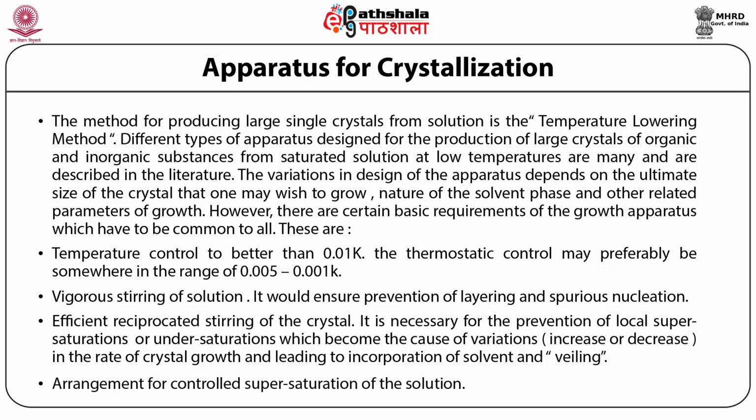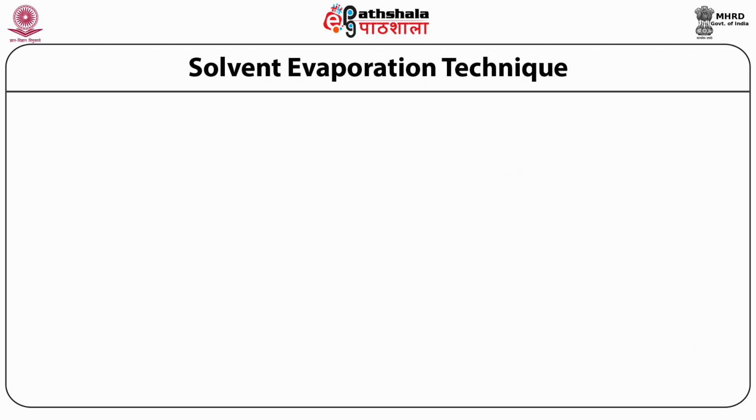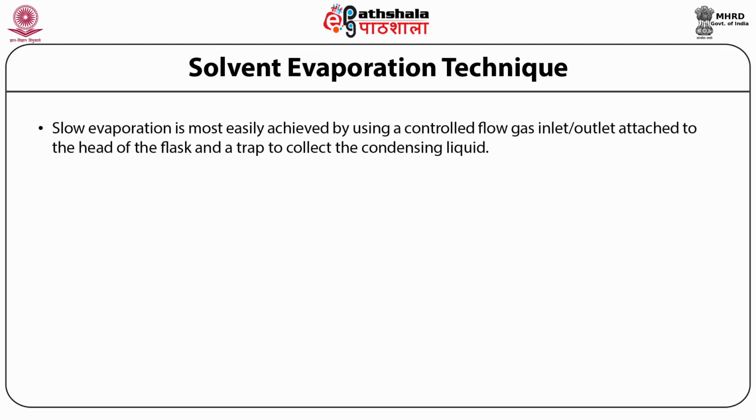Then arrangement for controlled supersaturation of the solution. We shall describe the solvent evaporation technique. Slow evaporation is most easily achieved by using a controlled flow gas inlet, oblique outlet attached to the head of the flask, and a trap to collect the condensing liquid.